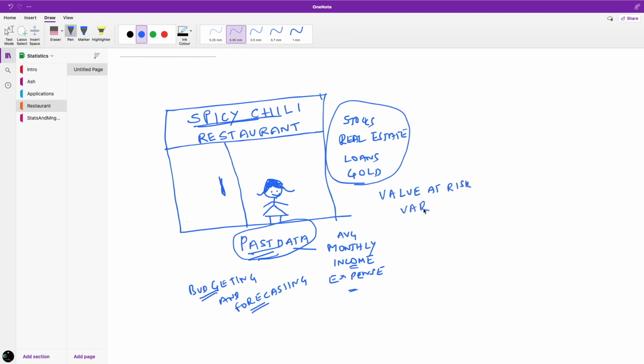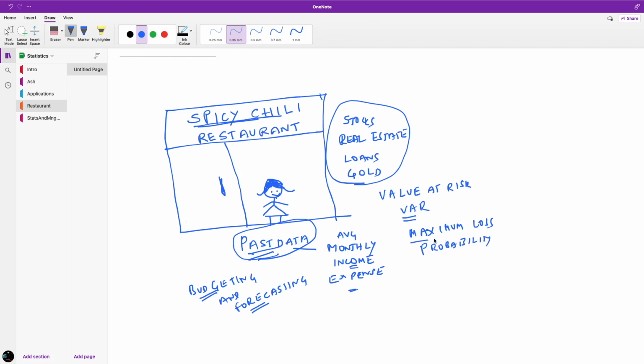or VAR for short. VAR helps understand the amount of loss that may occur and the probability that the loss will occur. With this you will be able to tell her what her maximum loss is, and also what the probability is that this loss will occur.